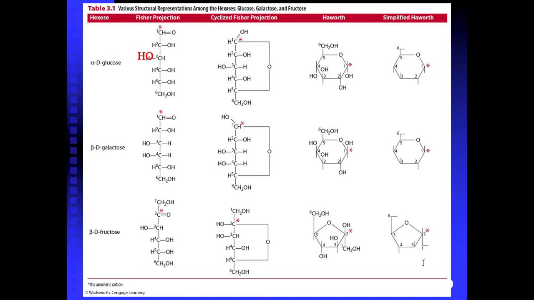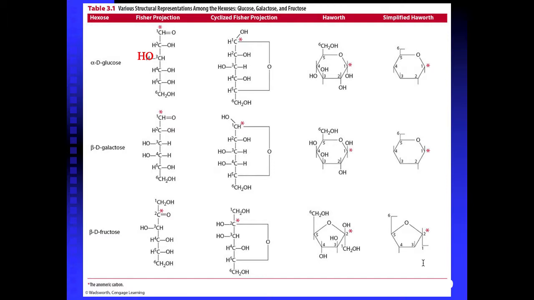So when this cyclic structure forms, now I drew it up like this. And so imagine in this group, let's say this is glucose, and now that oxygen is going to be kind of attacking this carbon. When that happens, these chemical groups can be in this orientation, or they can be flipped. If it happens when this oxygen is on this side, when it forms the cyclic structure, that's going to be downward.